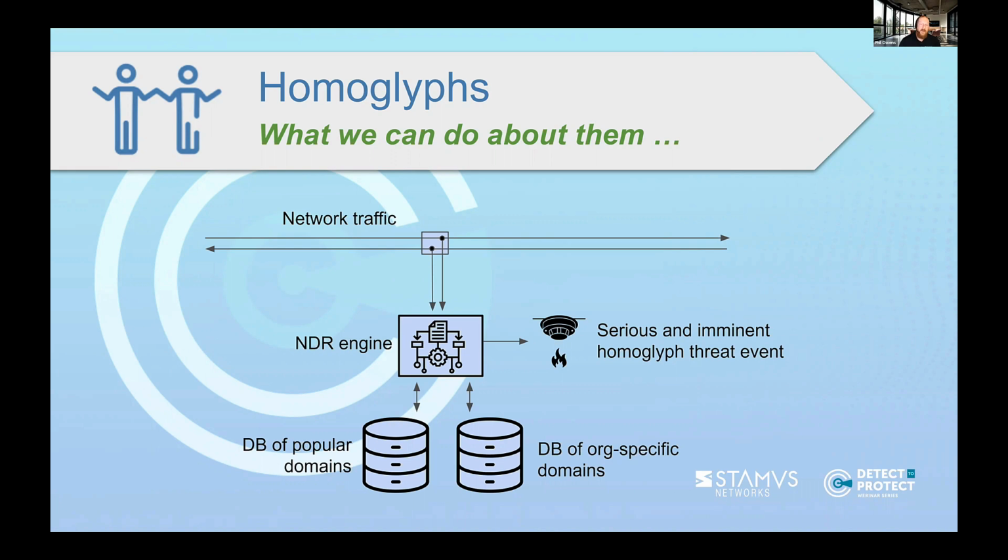So essentially, known and trusted domains are defined, and then the engine is used to perform computational logic, which compares the domains seen in incoming traffic with the known, trusted, or regularly spoofed domains. So like Google or Apple or Facebook that could be spoofed, right?